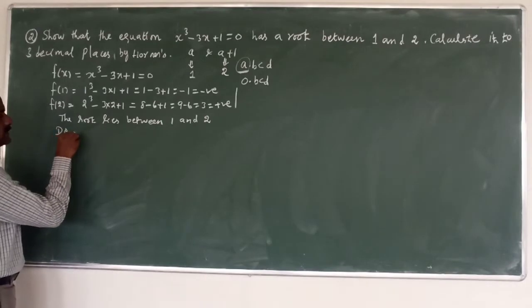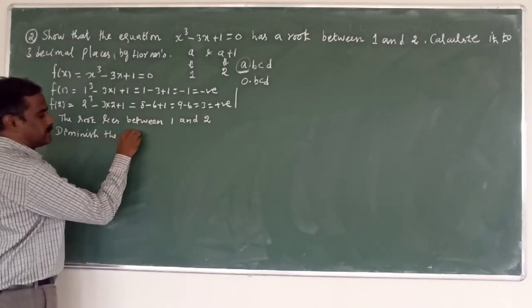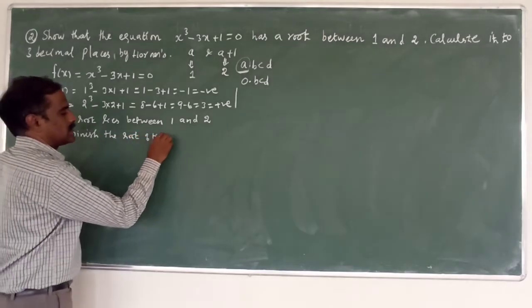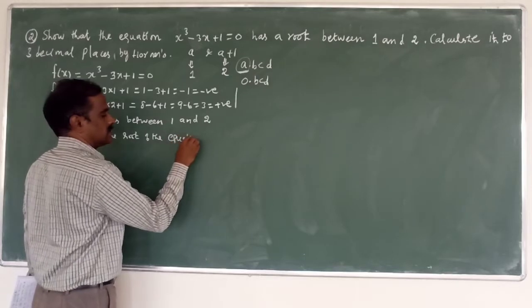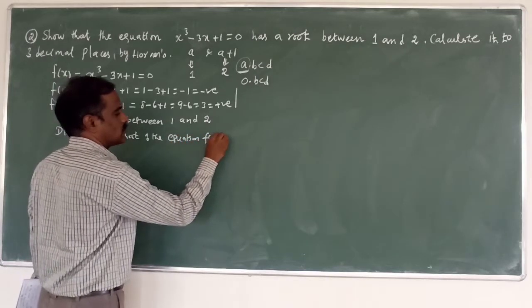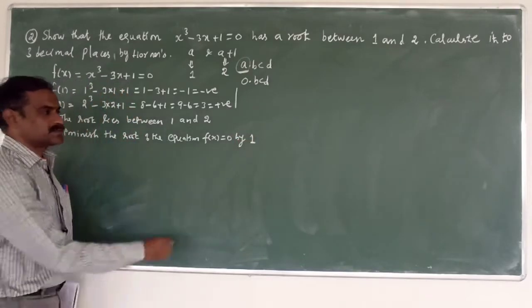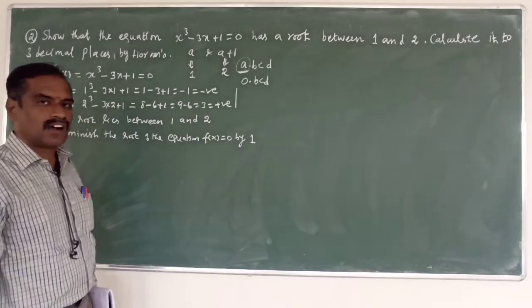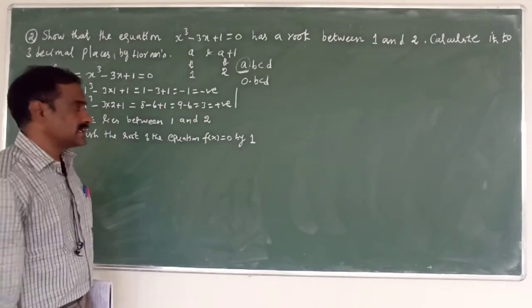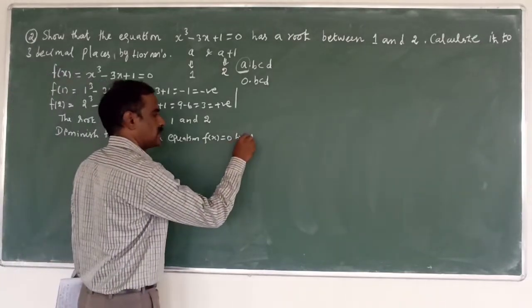Diminish the roots of the given equation, that is f of x equal to 0, by 1. In Horner's method, we always have to take the negative root. Okay, diminish by 1.